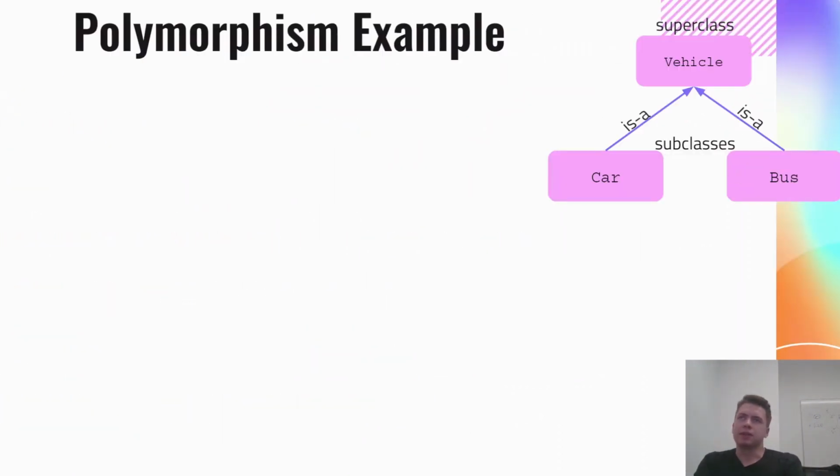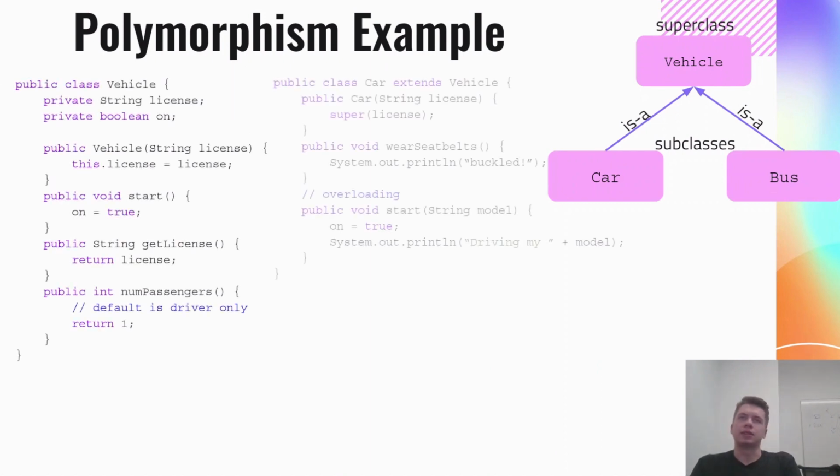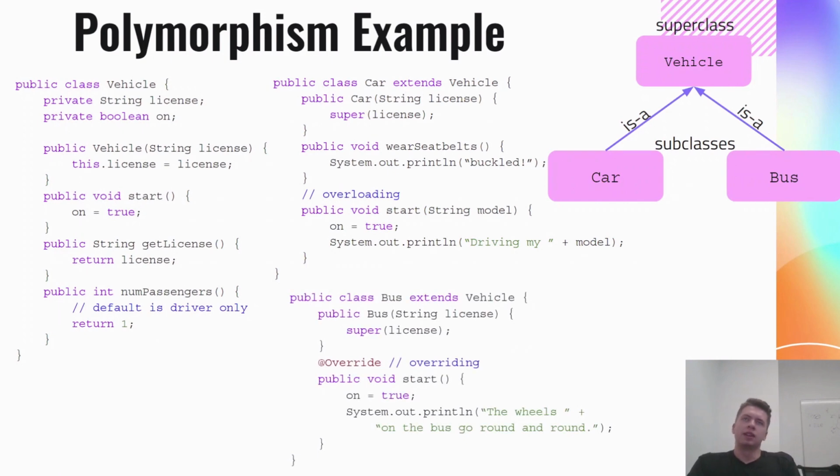To illustrate some polymorphism, overriding or overloading existing methods from parent classes, we can use Vehicle, Car, and Bus once again. Now you notice inside of Car, we overloaded start, where in the parent class, our start method doesn't take any parameters.